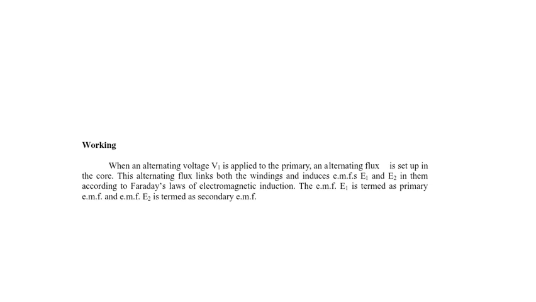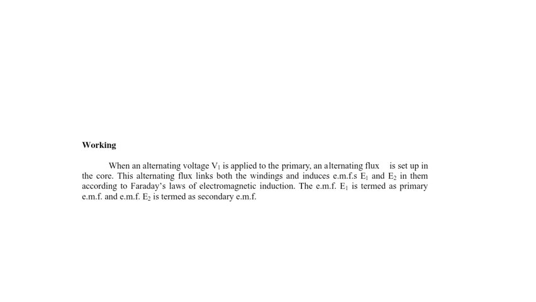In the transformer, we have two coils. An alternating voltage is applied to the first coil, which is called the primary coil. When we apply alternating voltage to the primary coil, an alternating flux is set up. A change in electric field will give you a magnetic field, that is called flux.